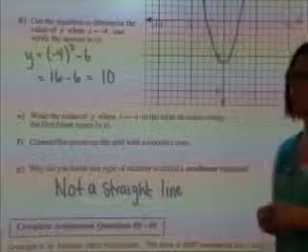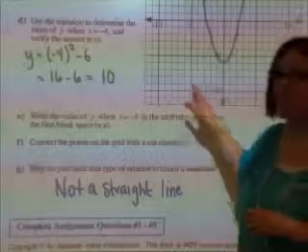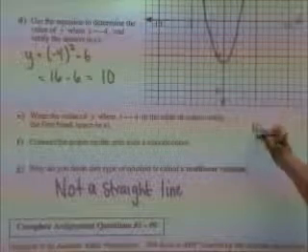Now here's a quick question for you before I give you the next questions. The equation for this graph was y equals x squared minus 6.